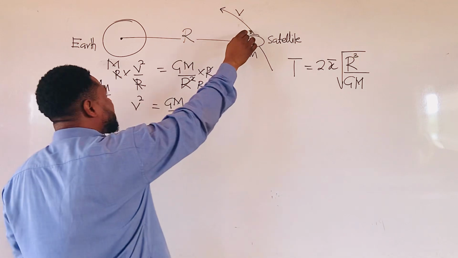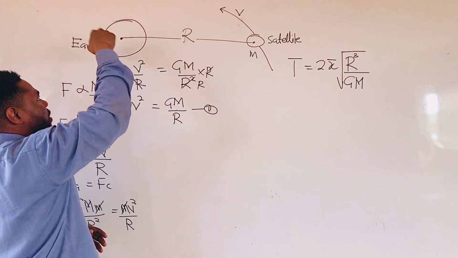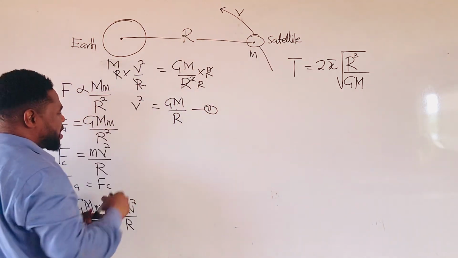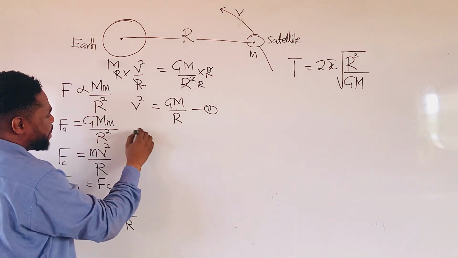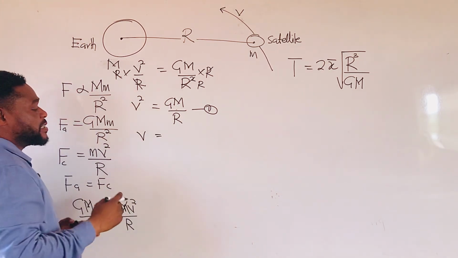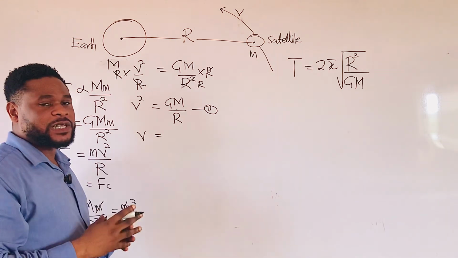Now, since the satellite is revolving around the earth, we can say the speed or the velocity of the satellite. And viewers, we know that velocity is equal to displacement over time.